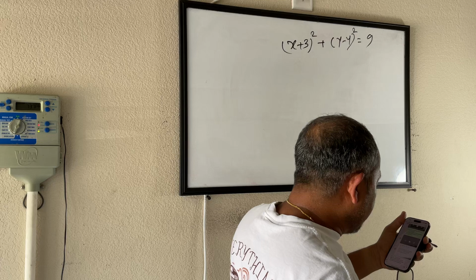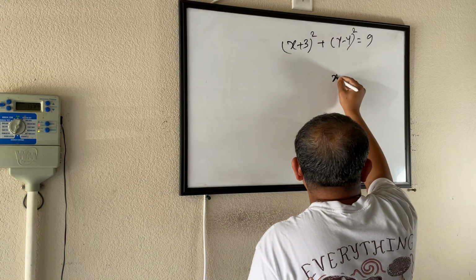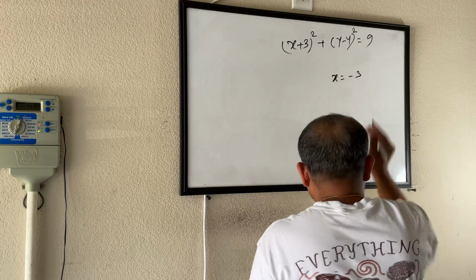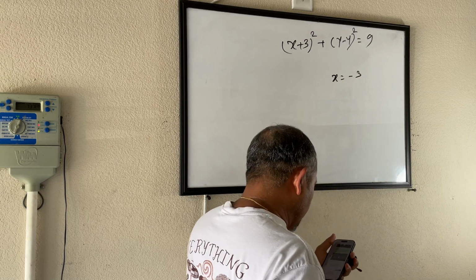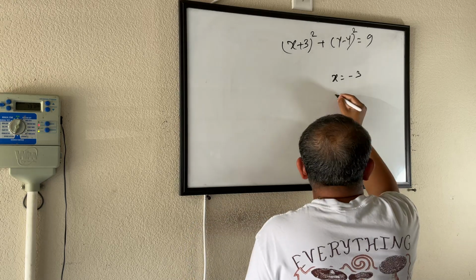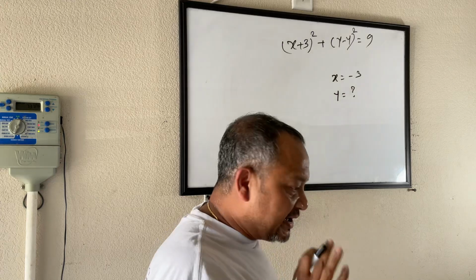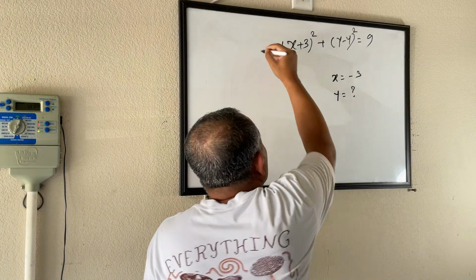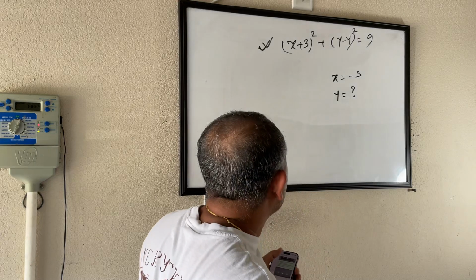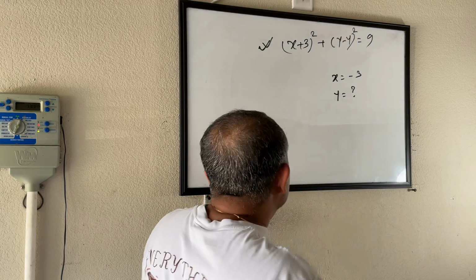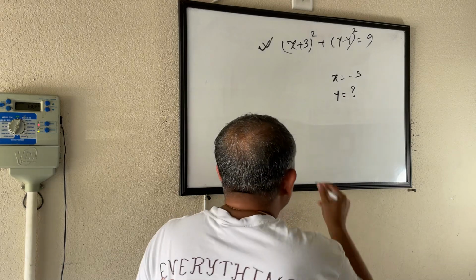If the x coordinate of a point on the circle is minus 3, what is the possible corresponding y value? So if I read this question one more time, this is the equation of the circle given to us, and the circle is in the xy plane. The x coordinate of a point on the circle.